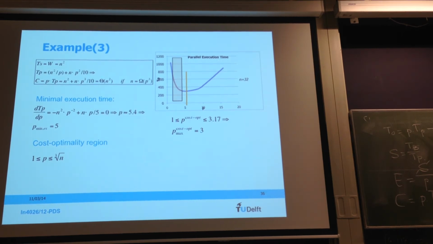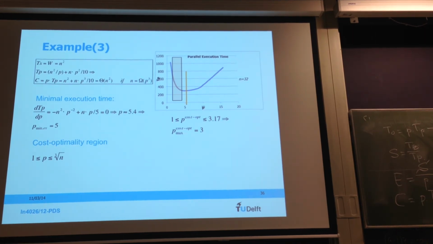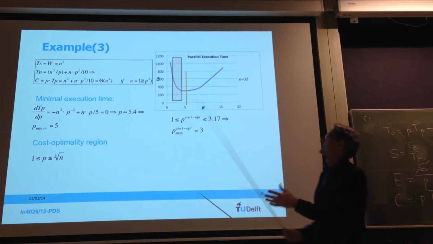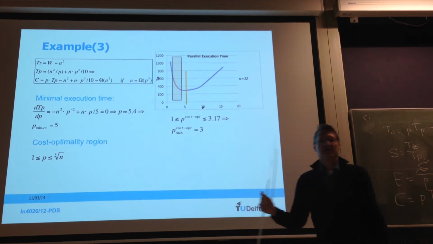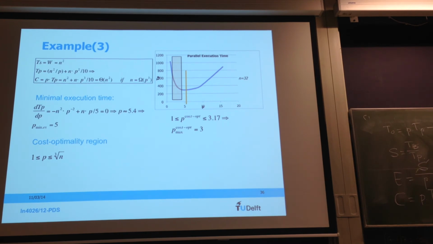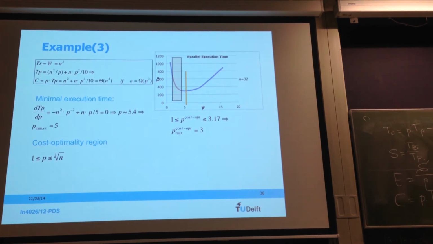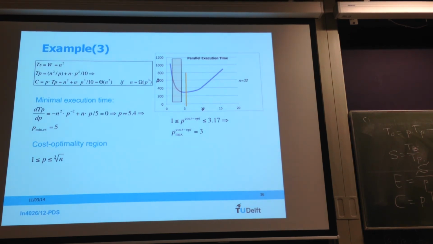Right? So it's not that difficult, right? So the idea is to have this condition, this iso-efficiency condition, and then say something about the relation between P and N, the growth relation between P and N. That's the idea. Right.